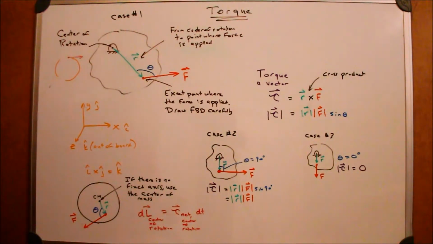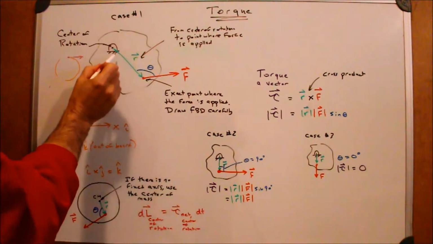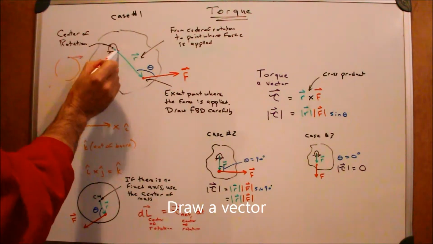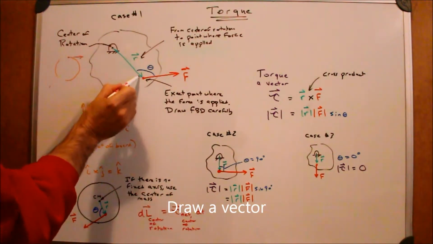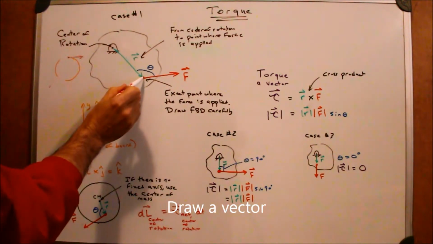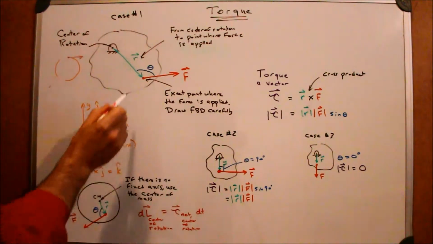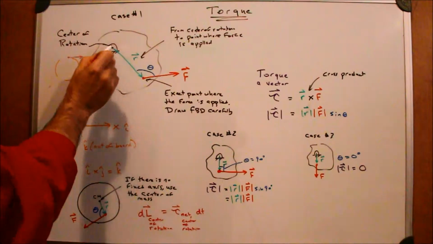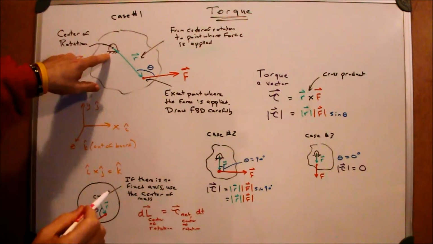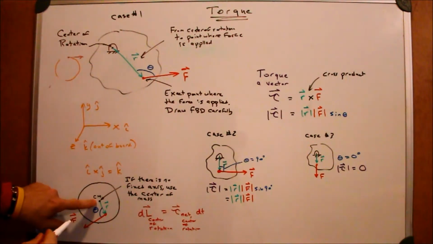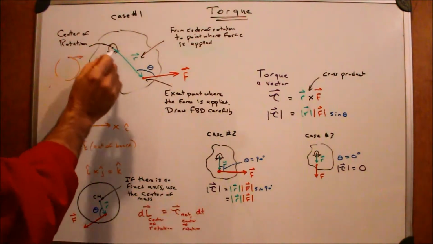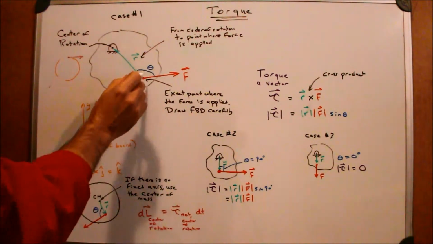Now to calculate torque, we're going to draw a line from the center of rotation to the exact point where that force is acting. That line, that vector, we'll call R. If there is no point of rotation, then it's from the center of mass to the exact point where that force is acting.